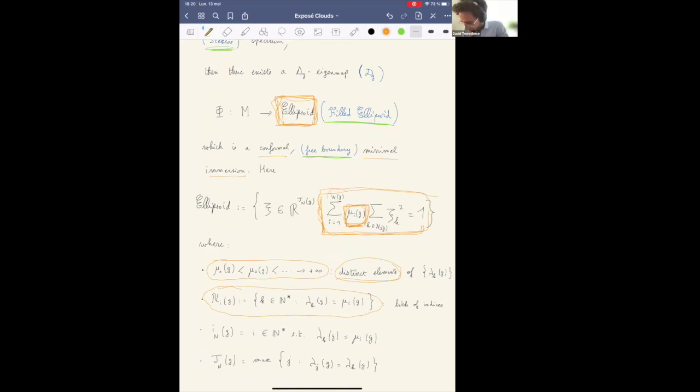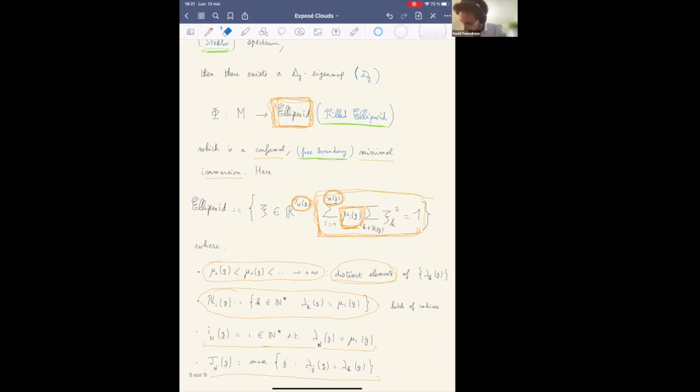So here we have a sum that goes from 1 to I n, and I n is just the index I. So lambda n, the last eigenvalue in the piece of the spectrum we are interested in, is equal to mu I. And the other notation that I will use later is J n of G, which is simply the maximal index such that, here there's the same typo, lambda J of G is equal to lambda N of G.